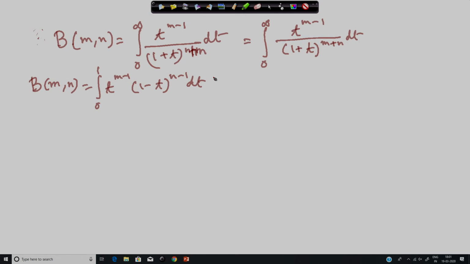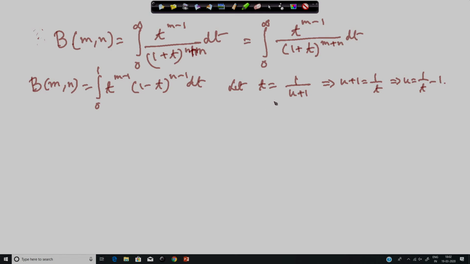So, what shall we substitute? Let us substitute t equals 1 by u plus 1. You can see that u plus 1 equals 1 upon t, so u becomes 1 by t minus 1. If we substitute t equal to 0, it becomes infinity, first term becomes infinity minus 1, so it will remain infinity, and if you put t equal to 1, 1 minus 1 equals 0.